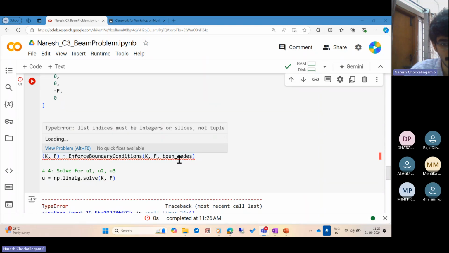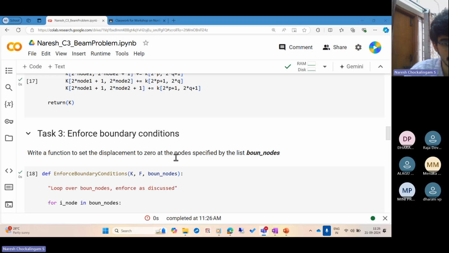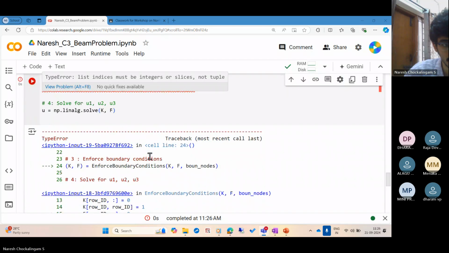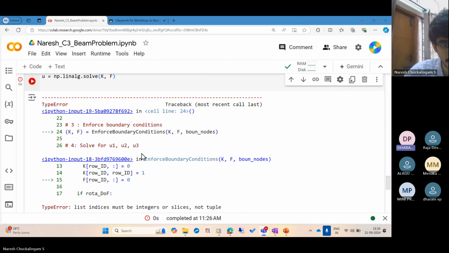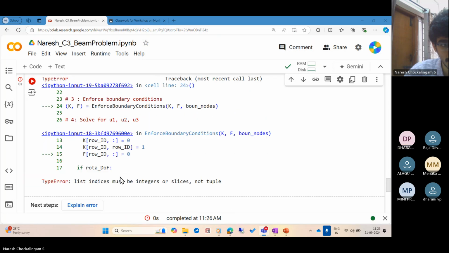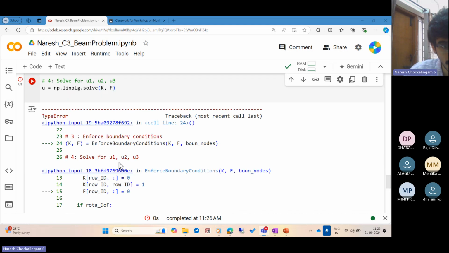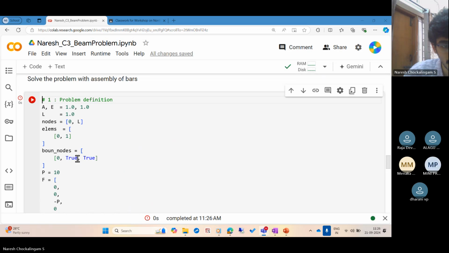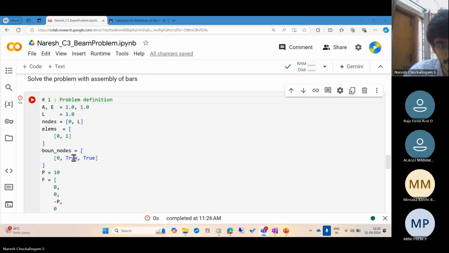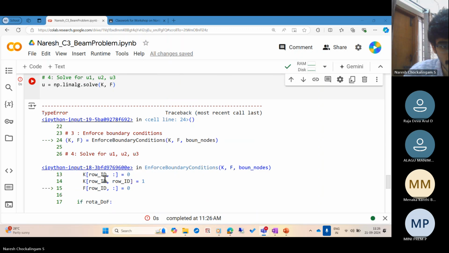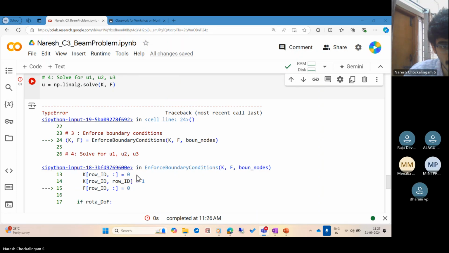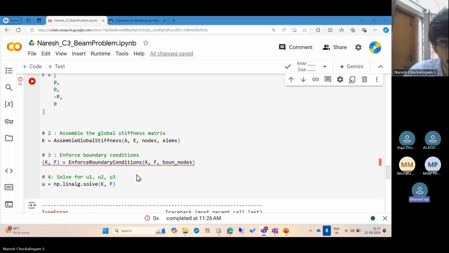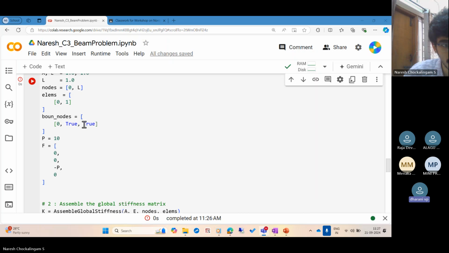Enforce boundary conditions. There is some error here. What is it? We have given true comma true. The true for the if condition and the true, are they connected?